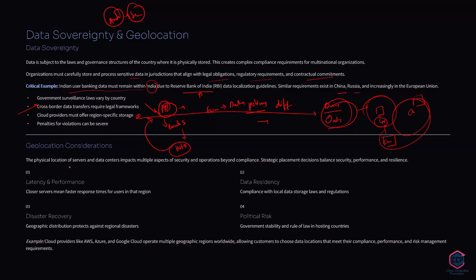Geolocation consideration: the physical locations of servers and data centers impact multiple aspects of security and operations beyond compliance. In every organization you will have a set of teams, like security operations, what we call SecOps. We have a compliance team, which also works in cybersecurity, and we also have platform engineering.